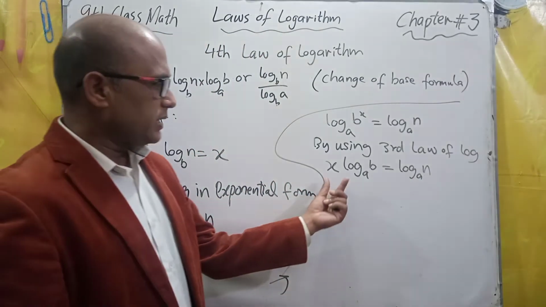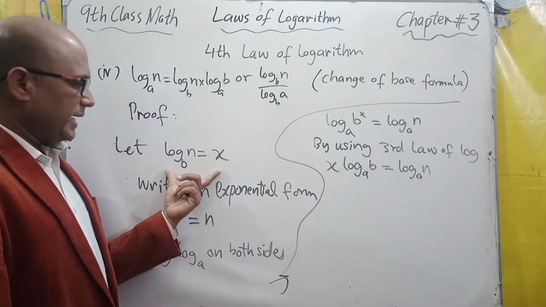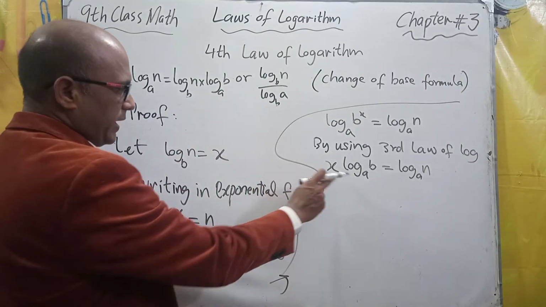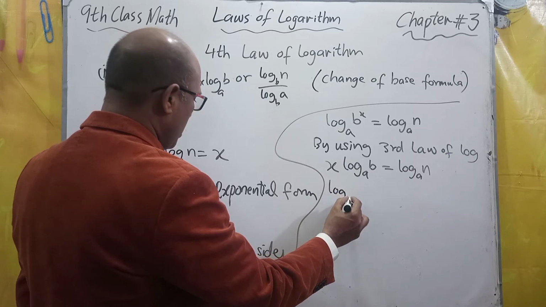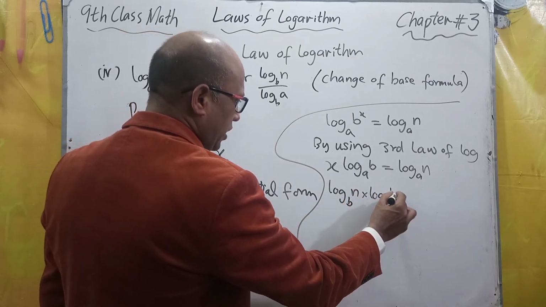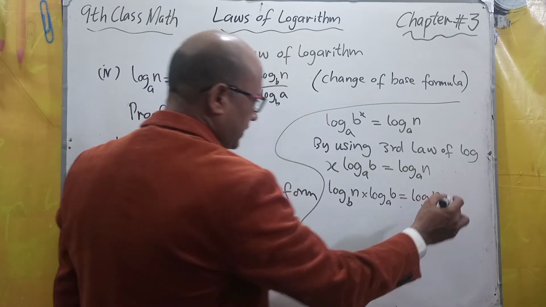So now students, we'll put the value of x, which we let at the start of the proof. So in place of x we'll write this value. We'll get log b of n multiplied by log A of b is equal to log A of n.